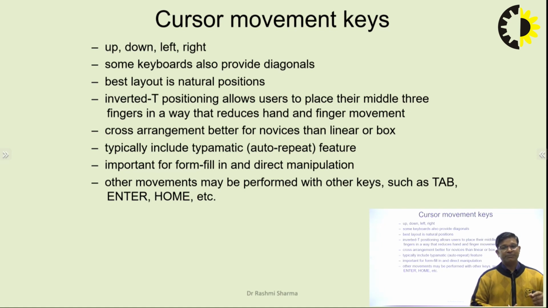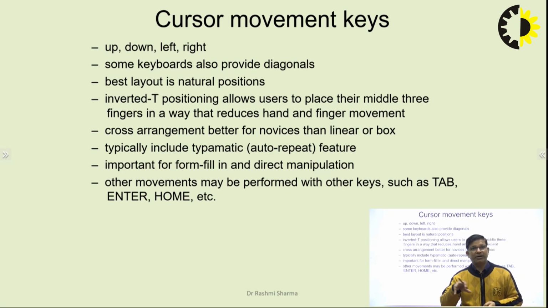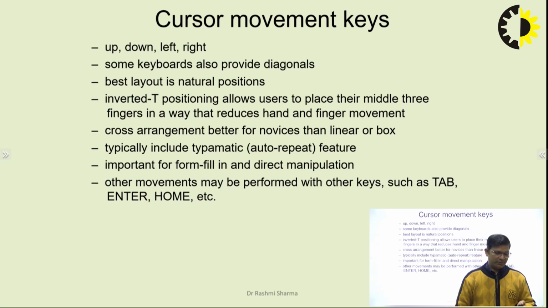For example, pressing the left arrow key with the control key keeps the cursor at the home place. Pressing the down arrow key with control moves the cursor to the last of the document. So there can be multiple operations if we press these cursor movement keys with other keys.